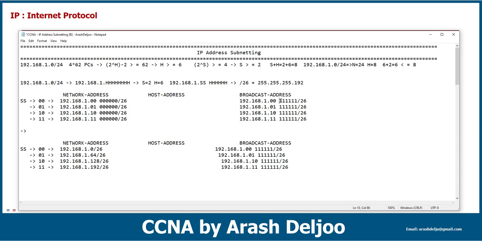About the broadcast address, if you want, you can find it. If you convert the host bits 111111 to decimal, you will have 63. Because of that, let me write here 192.168.1.63/26. After that, here we have 192.168.1.127. And the next broadcast address for the next network is 192.168.1.191, if you add all of these values.